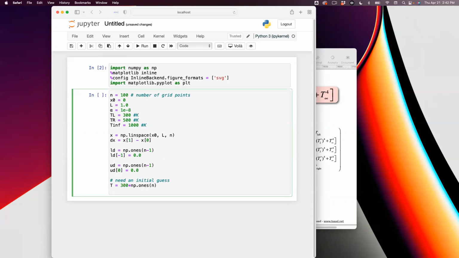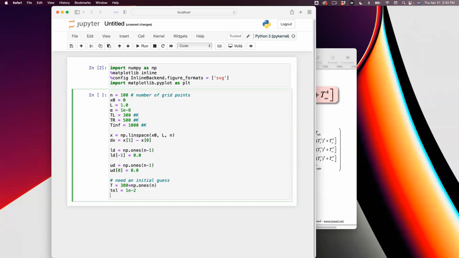And I'm going to create a tolerance, let's say of 1e to the minus 2.